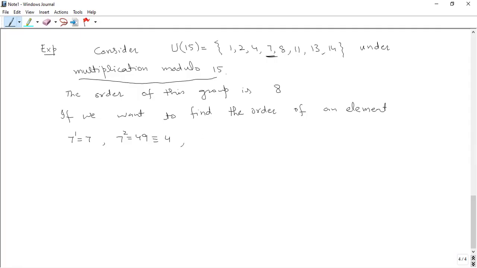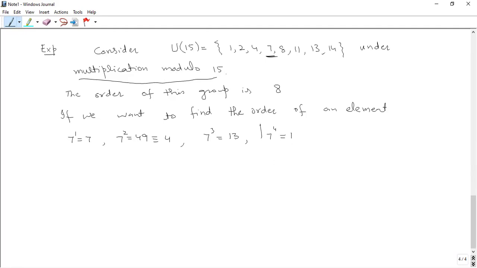Okay. Now if we take 7 cubed, that will be 4 multiplied by 7, which is 28. And when we reduce this 28, that will be 13 modulo 15. Okay. And then again, if we multiply this 13 by 7, we will get 91, but 91 is congruent to 1 modulo 15.